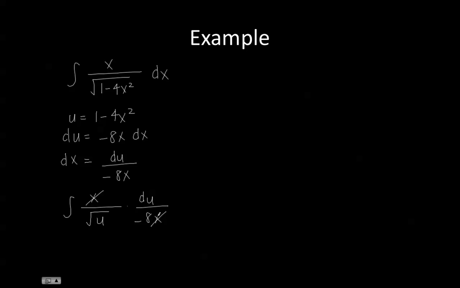The x's cancel out, and we are going to take out the negative 1/8 just to make it a little bit easier, and we're left with u to the power of negative 1/2 du.